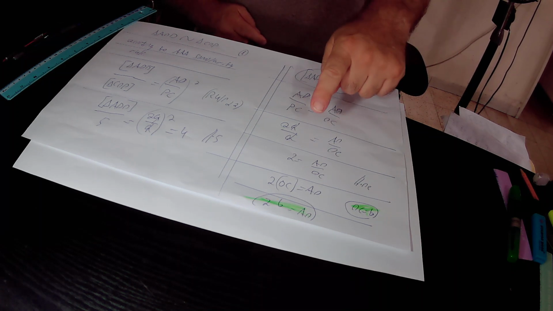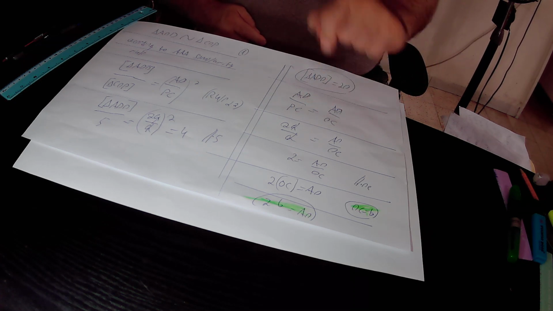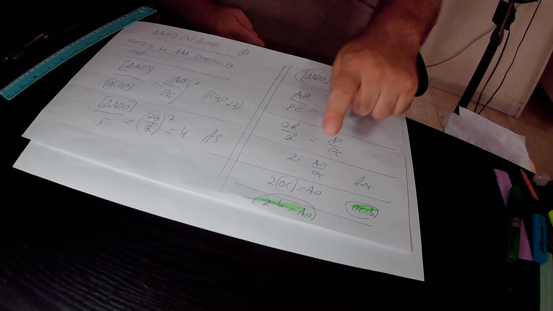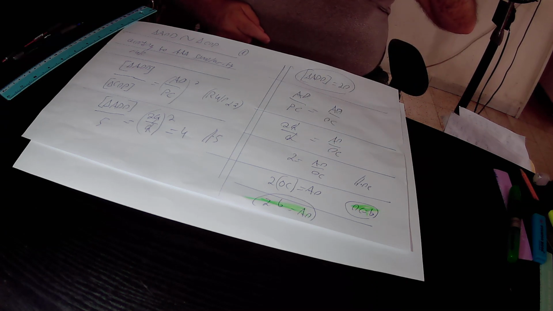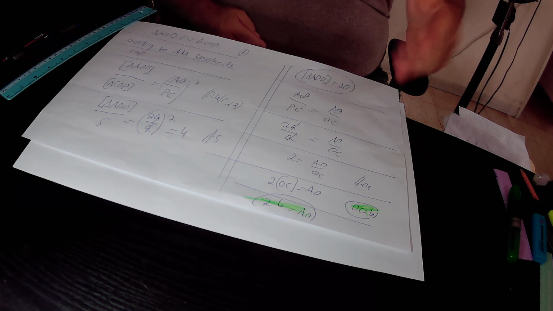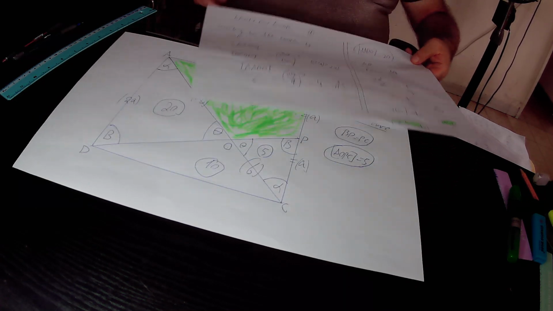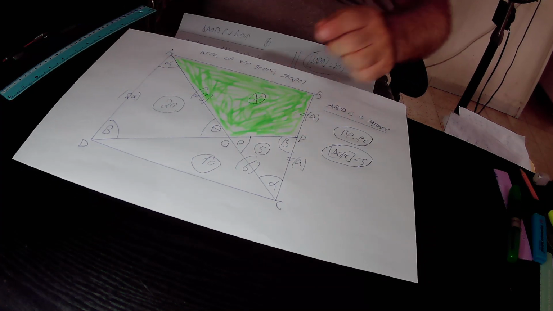So we define the length of side OC as B, and we substitute OC by B, and find out that OA equals 2B. So if OC equals B, OA equals 2B. That is to say, OA is twice as long as OC.